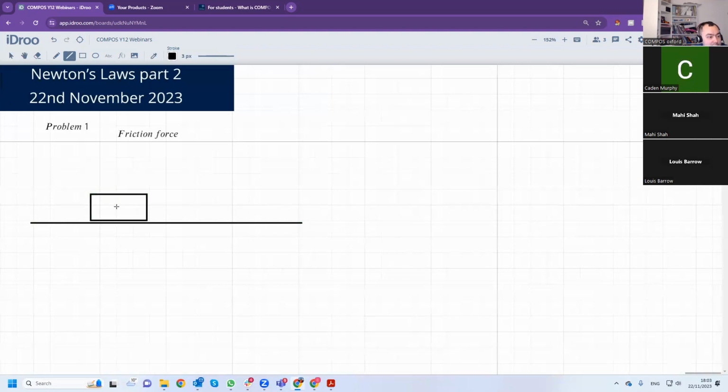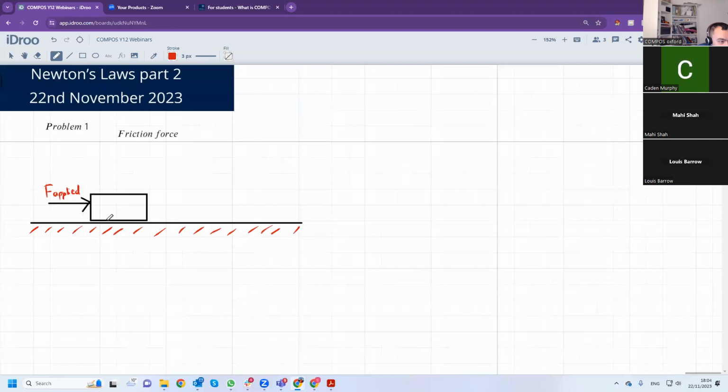You push the box with a force F applied. And the question is, what is the friction force?